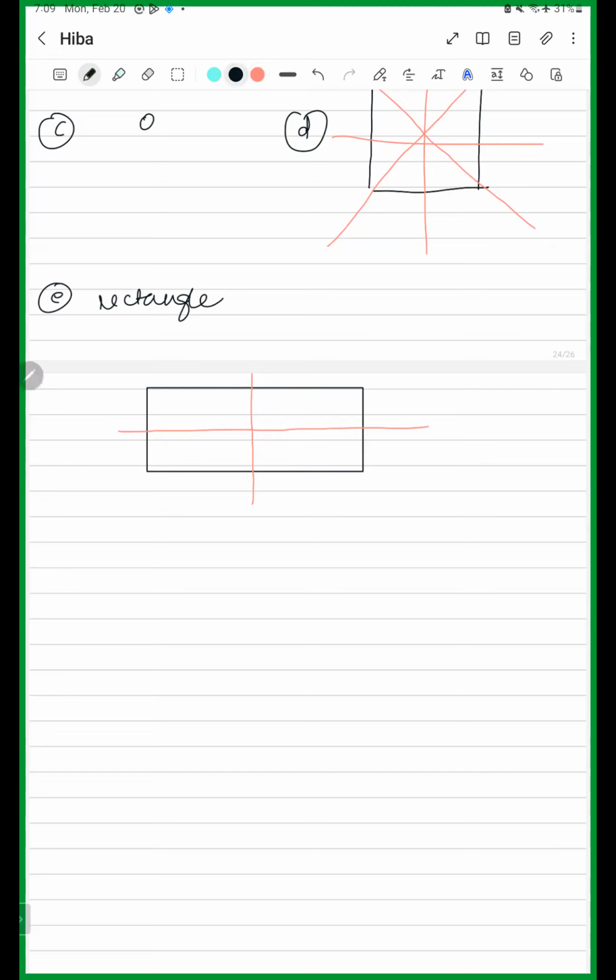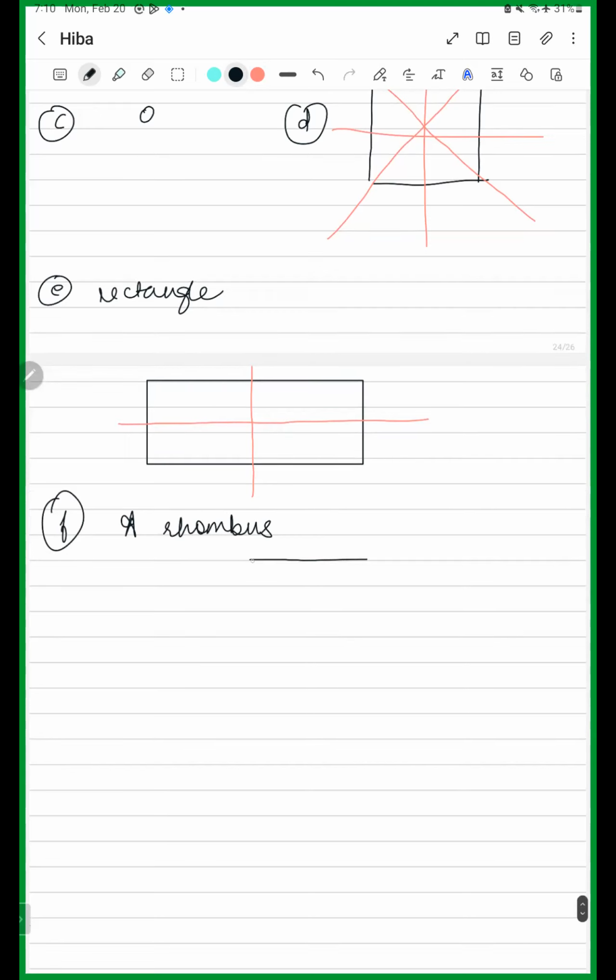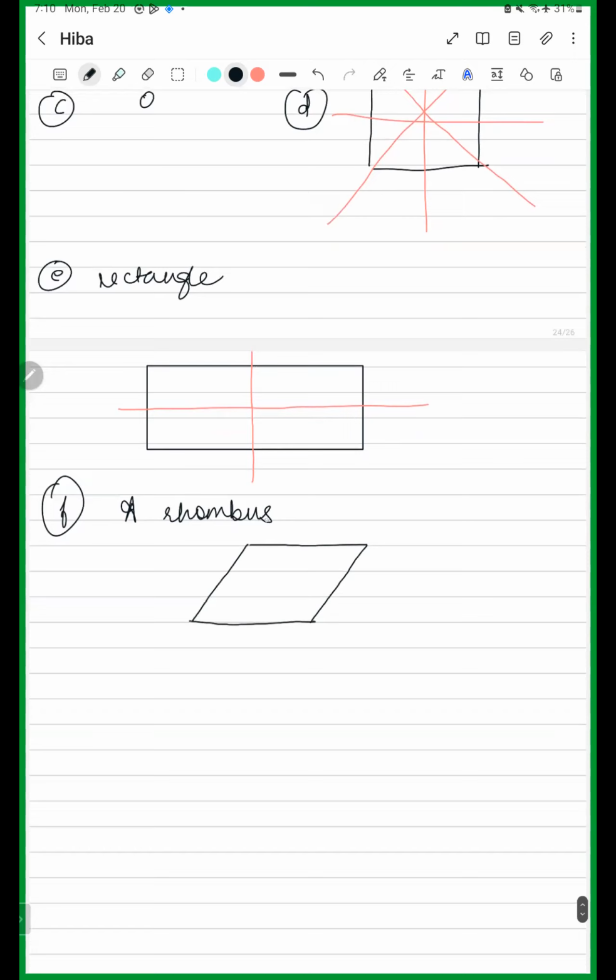Come to F, a rhombus. Let's see a rhombus. In a rhombus, all sides are equal. But isn't it just like a parallelogram?